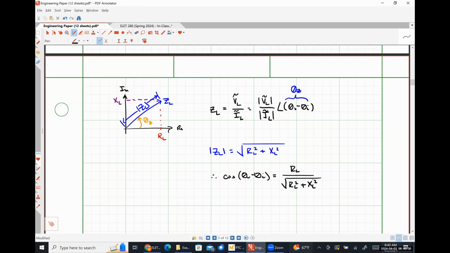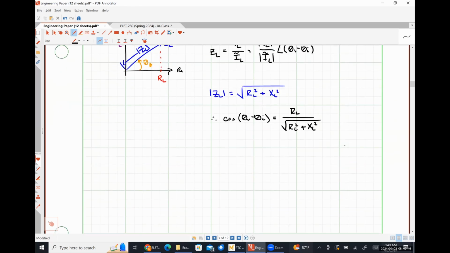What I'm going to do now is I'm just going to put all three of those parts together. Okay, so the magnitude of my voltage, the magnitude of my current, as well as the cosine of theta V minus theta I. And so what I wind up finding is the average power absorbed by my load. So I'm going to put VL in first. So that's the magnitude of VTH times the square root of RL squared plus XL squared divided by the square root of RTH plus RL.